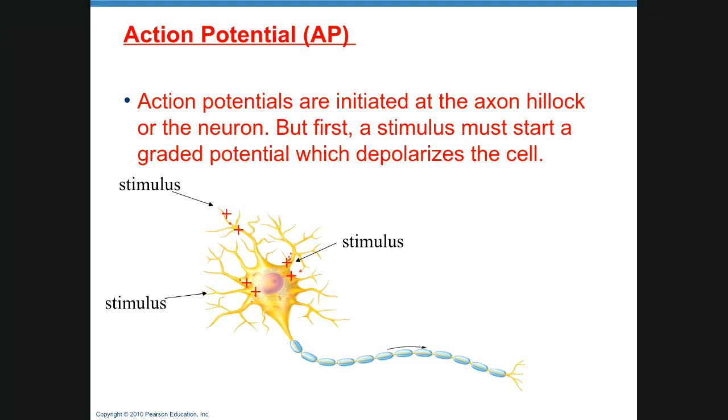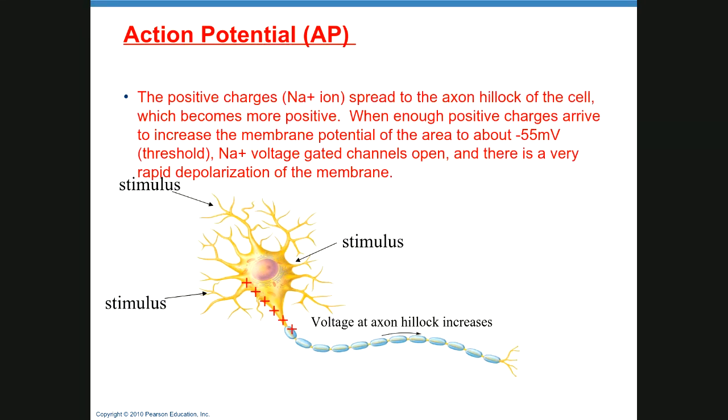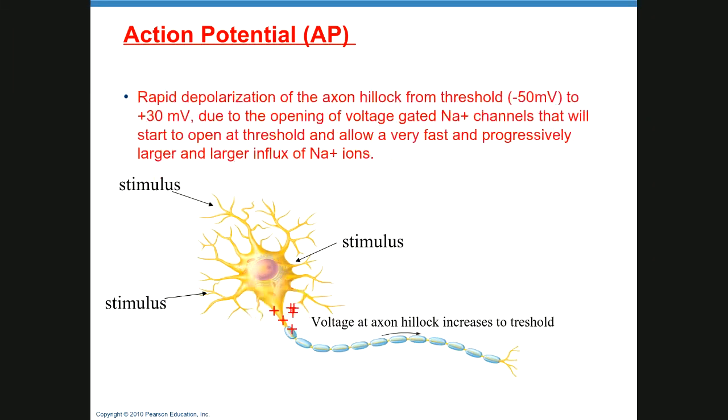The graded potential travels to the axon hillock, and the potential of the axon hillock begins to change from minus 70 millivolts to minus 69 millivolts. As more and more charges arrive, the potential at the axon hillock continues to decrease, becoming more and more positive. Minus 68 millivolts, minus 67 millivolts, and so on.